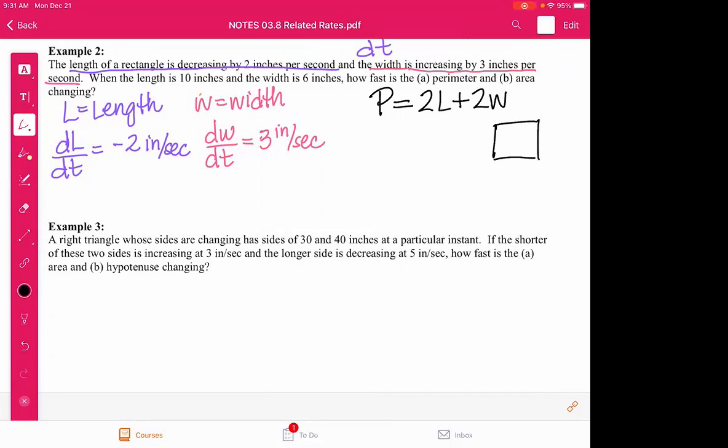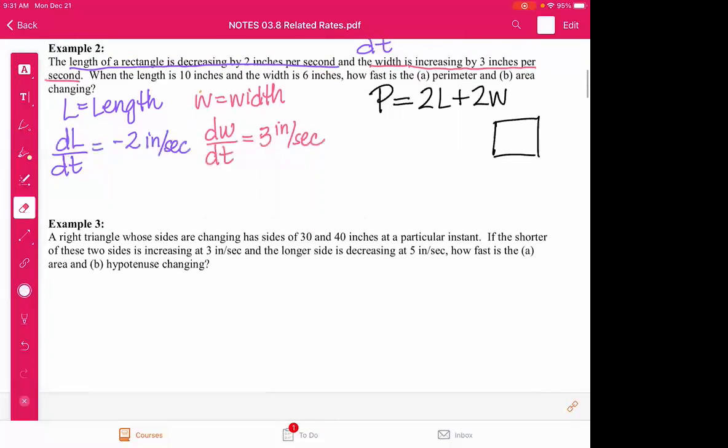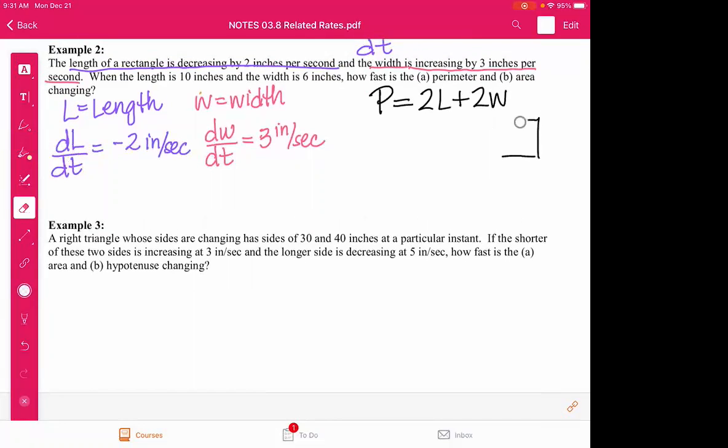So the rectangle is changing like this. At some point in time, the length is going to be 10 and the width is going to be 6. So we want to figure out how fast that perimeter is changing when the length and the width are those particular things.